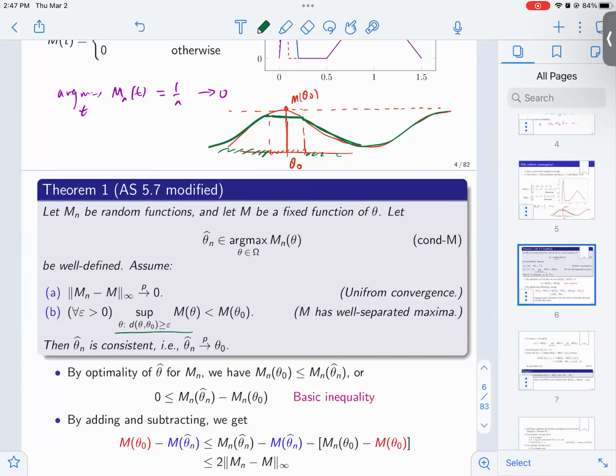Yes. Is it equivalent to strict concavity, almost? It's weaker. Strict convexity, or concavity, would imply something like this. Maybe that's a good exercise: strict concavity probably implies this condition.